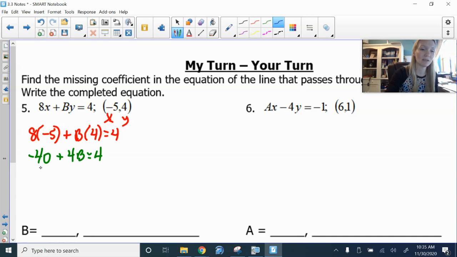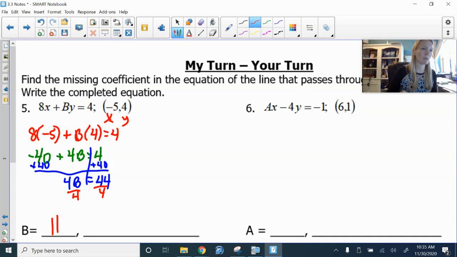I want to t-chart this. So I'm going to add my 40 to the other side. So I get 4b equals 44. And so then I'll divide, and I end up getting b is just 11.